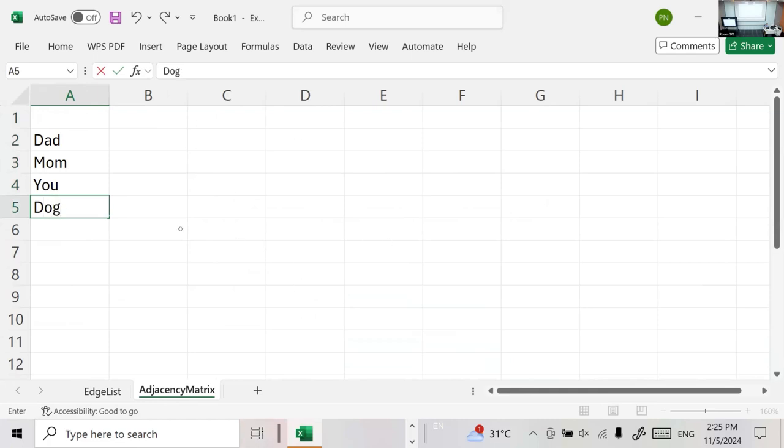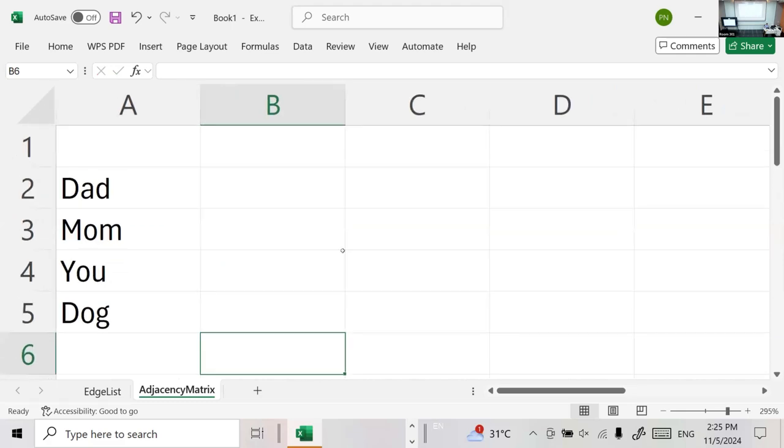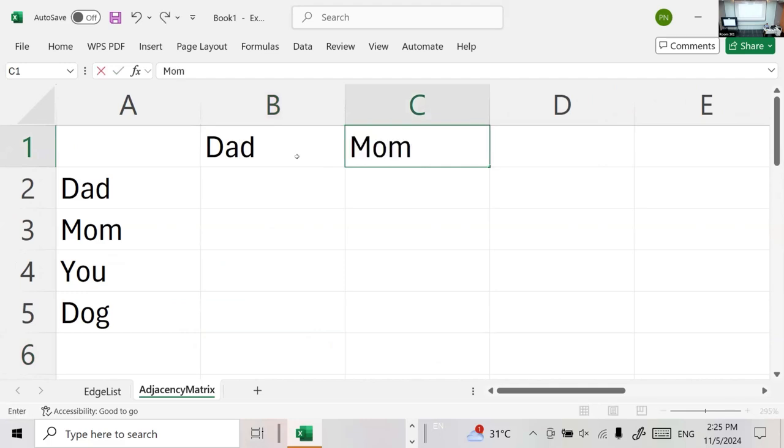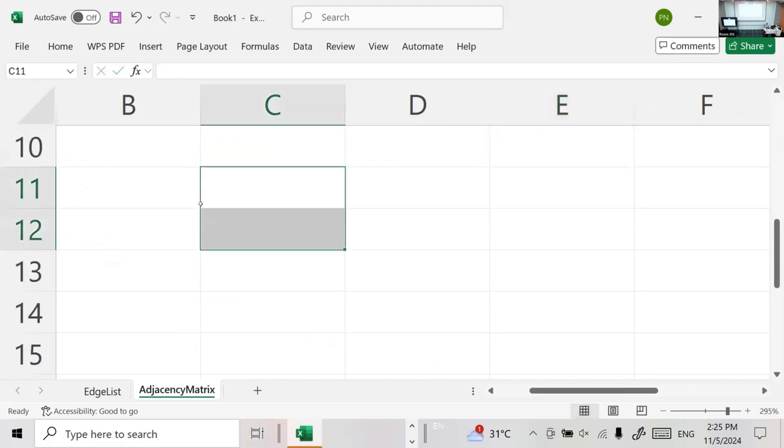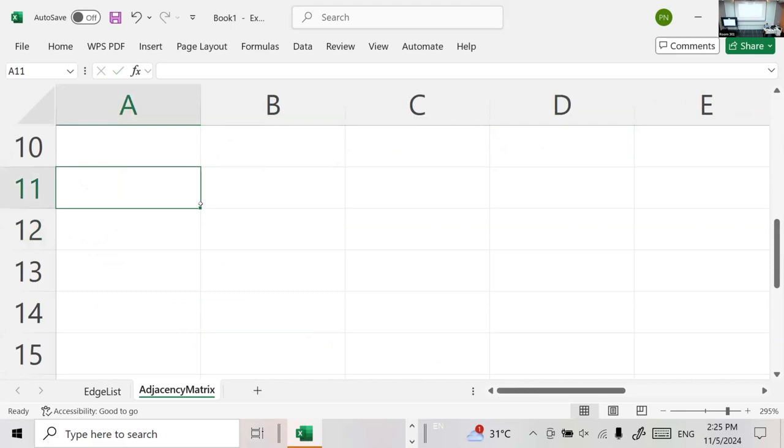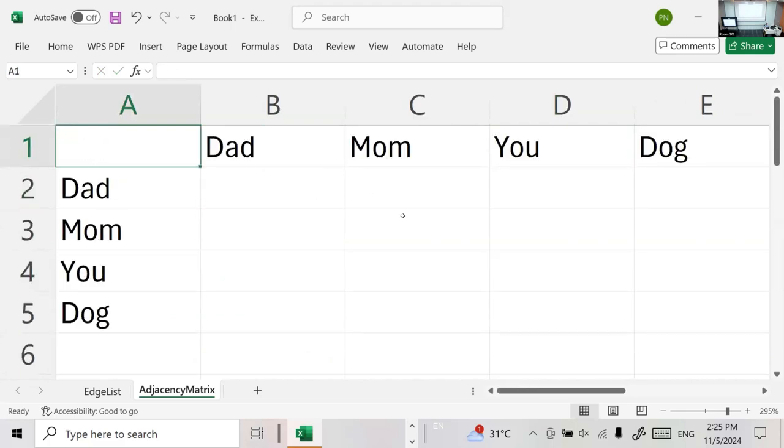Okay. Same information, but this one is actually more powerful. Mom, you, dog. Okay. Now, all I ask is that you put 1 when there's a love.